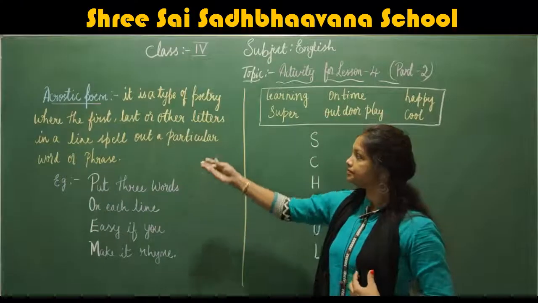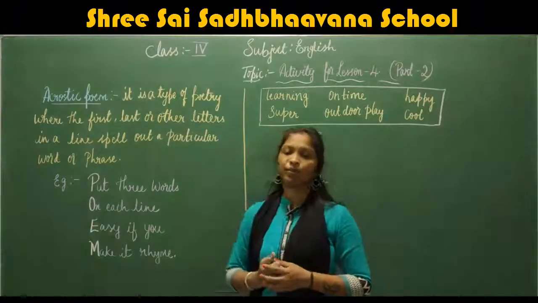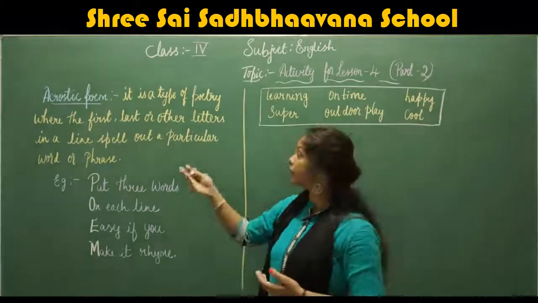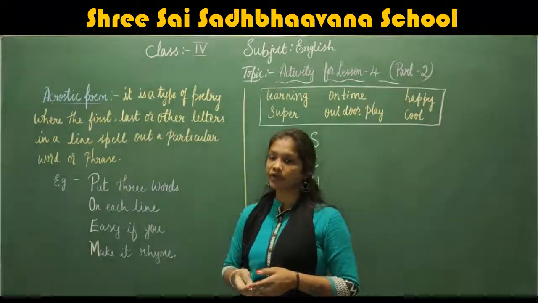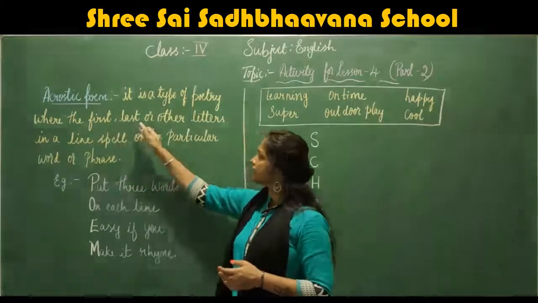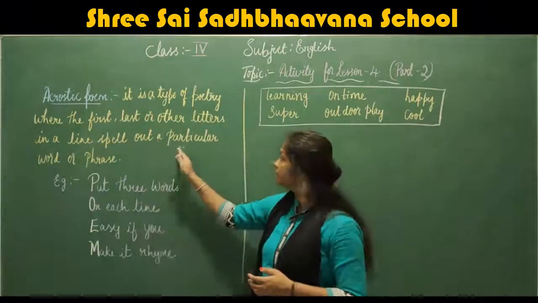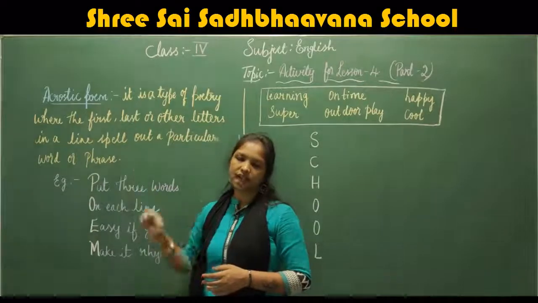Children, next is acrostic poem. So children, what do you mean by acrostic poem? An acrostic poem is a type of poetry where the first, last or other letters in a line spell out a particular word or phrase.